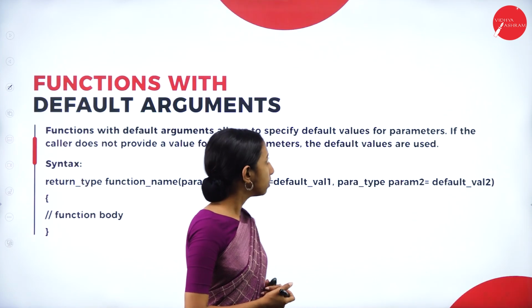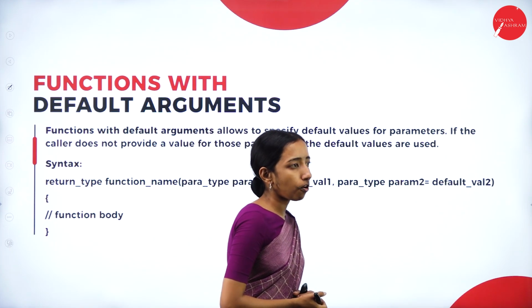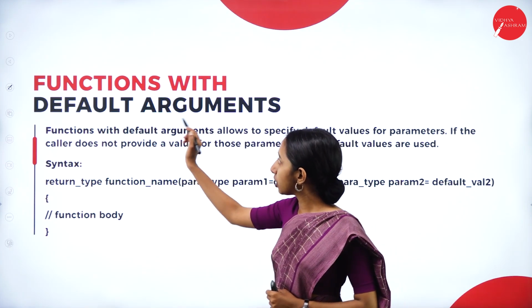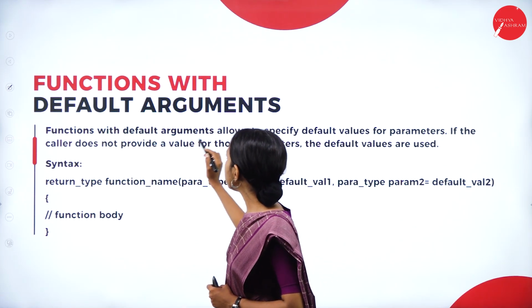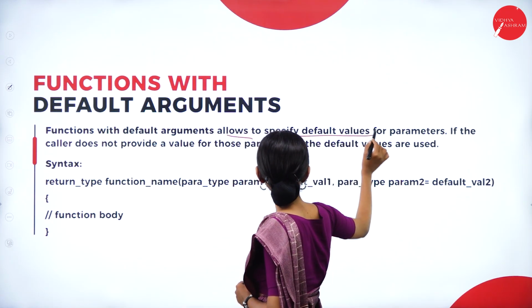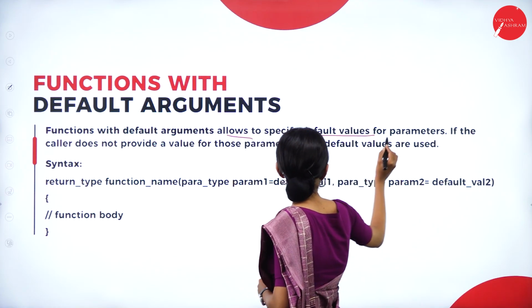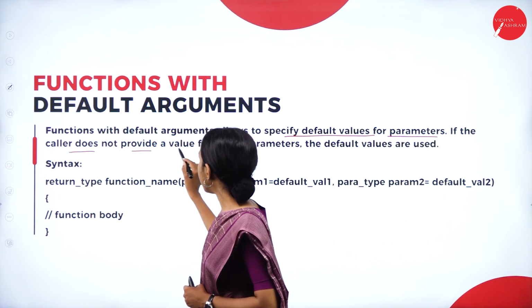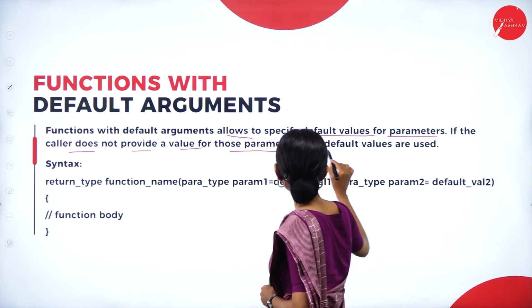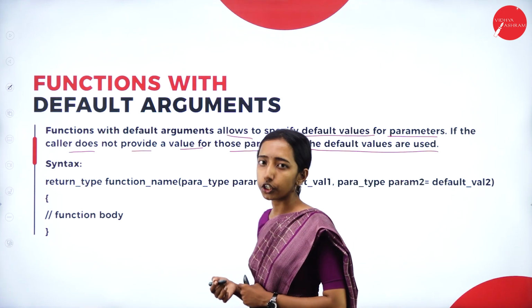Next we are having another type of function called function with default arguments. A function with default arguments allows you to specify default values for parameters. If the caller does not provide a value for those parameters, the default values are used.